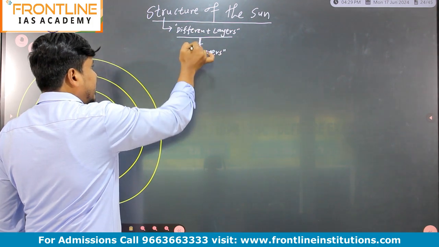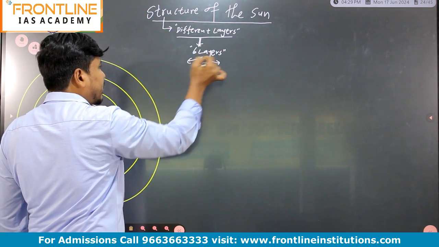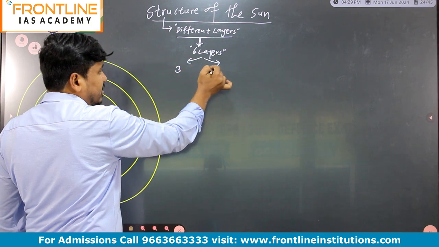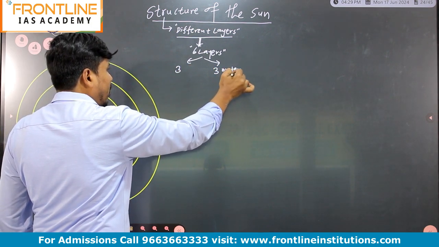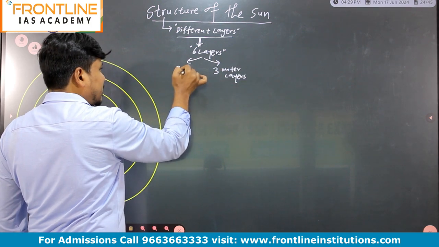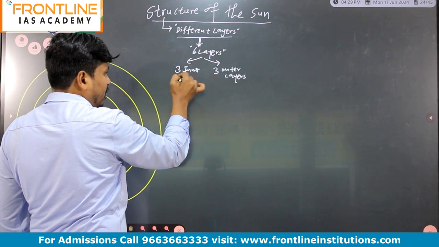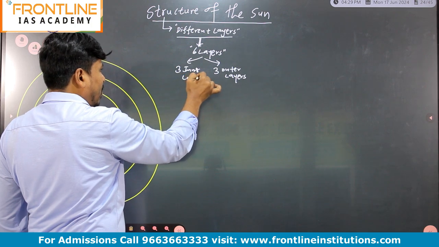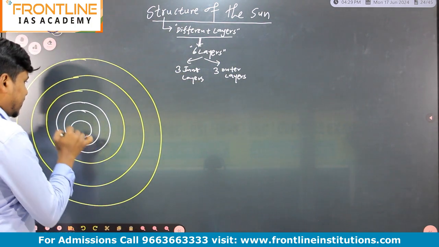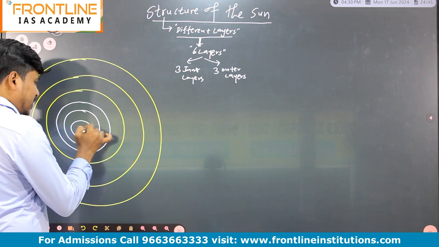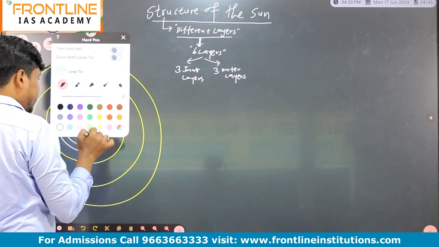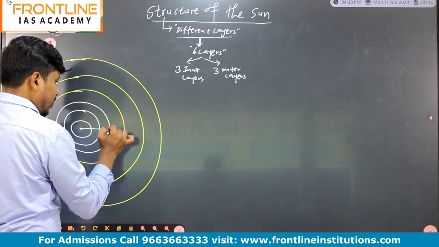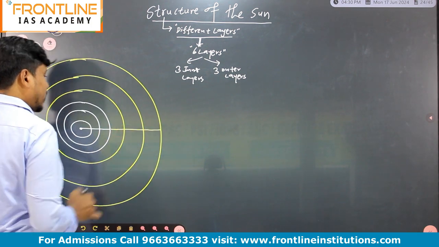The 6 layers are broadly classified into 3 inner layers and 3 outer layers. These 3 are the inner layers and these 3 are the outer layers, right?